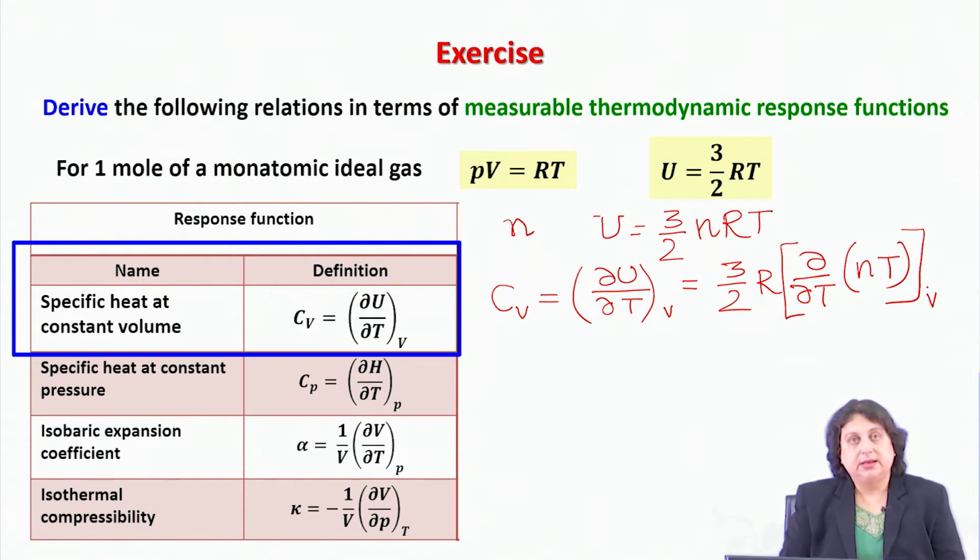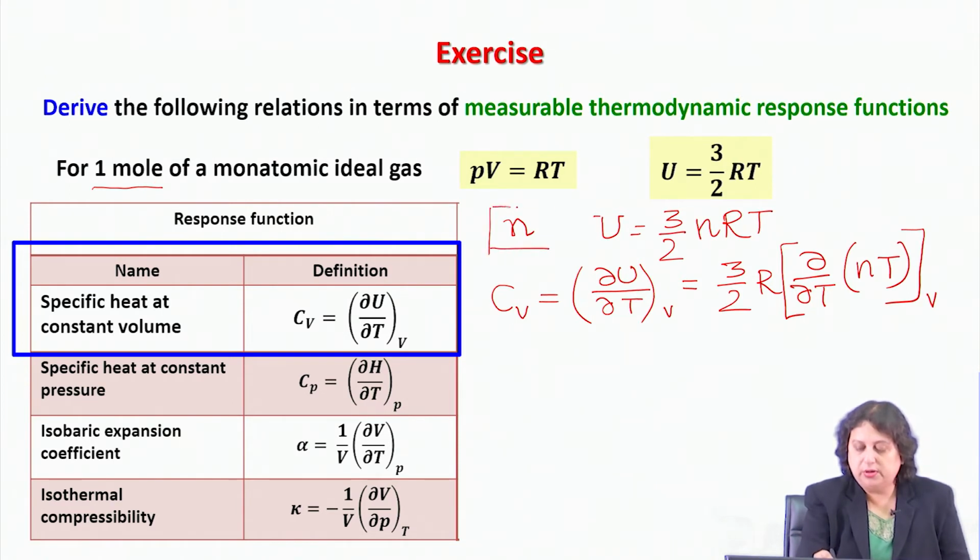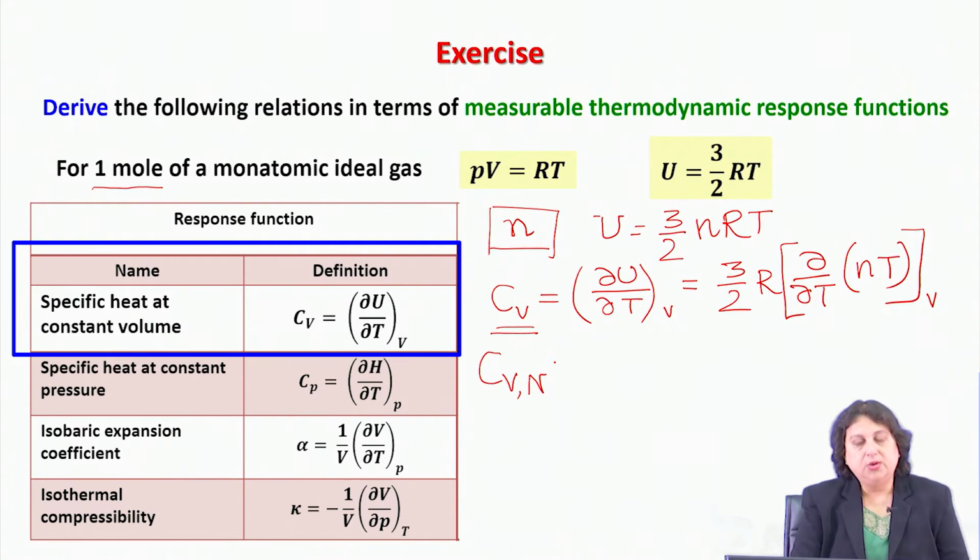Now, since I am dealing with a constant amount, either 1 mole or n moles, I am working in a system which is closed, and therefore Cv actually is nothing but Cv at constant N, or you have a constant number of particles for this system.